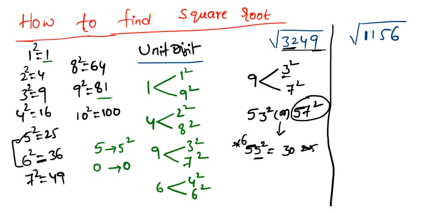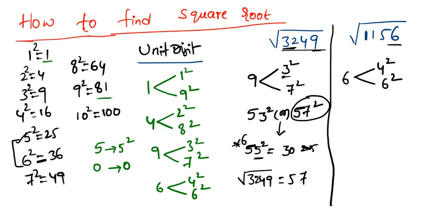So the answer is root of 3249 equals 57.